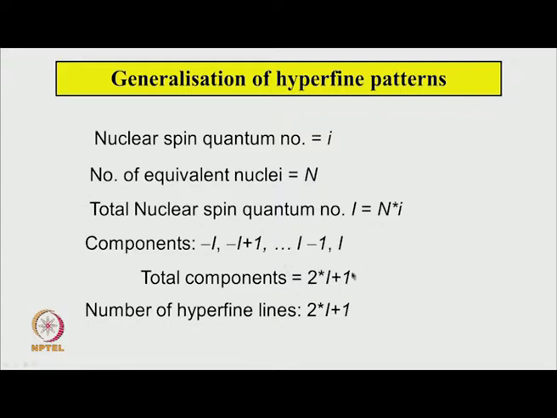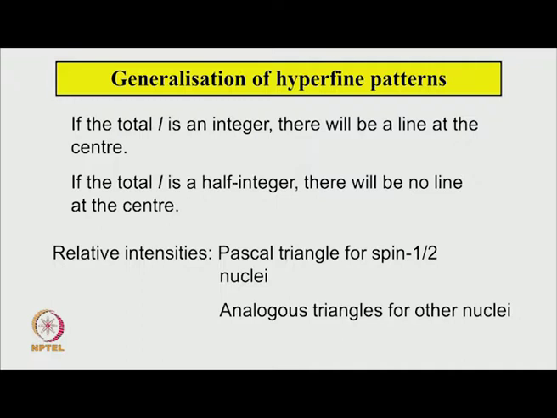Each of these produces a local magnetic field that the electron sees. So the number of hyperfine lines is given by 2 times I plus 1, and that many lines will be seen. Now, if this total I happens to be an integer, then there will be a line at the center. Why? Because then 2I plus 1 is an odd number, and an odd number will give a line exactly at the center.